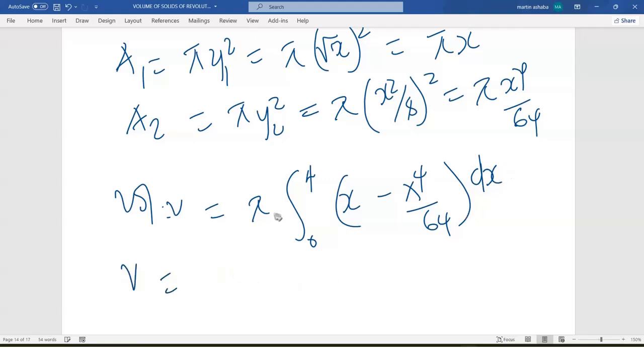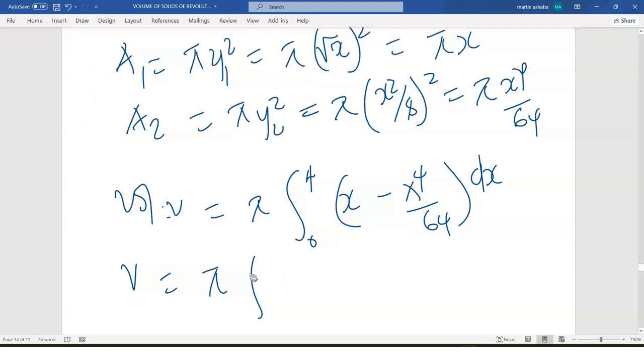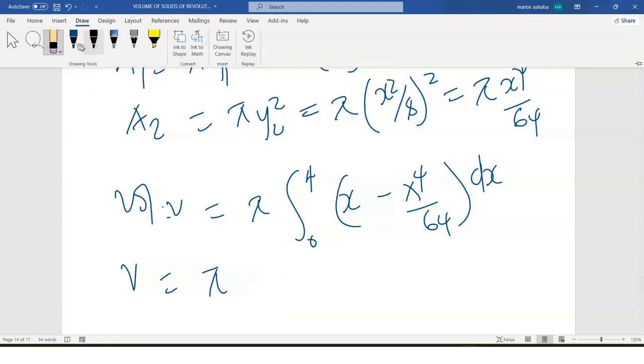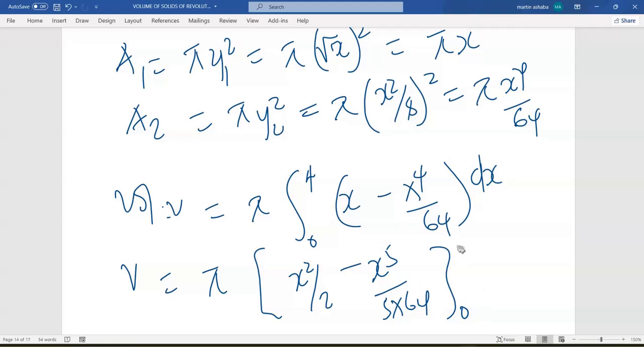So that volume will be pi times the integral. If I integrate this, I have x squared out of 2 minus x to the power 5 out of 5 times 64, and that is from 0 to 4.